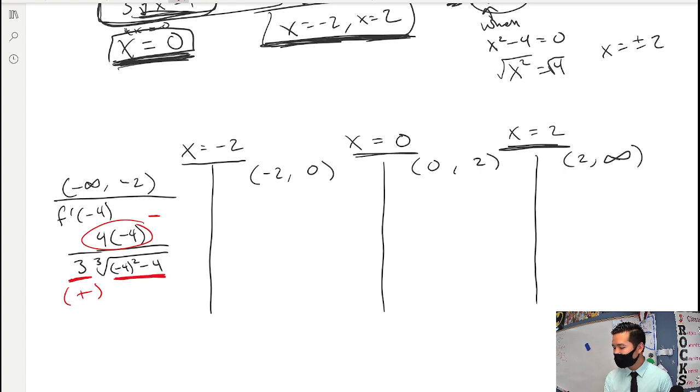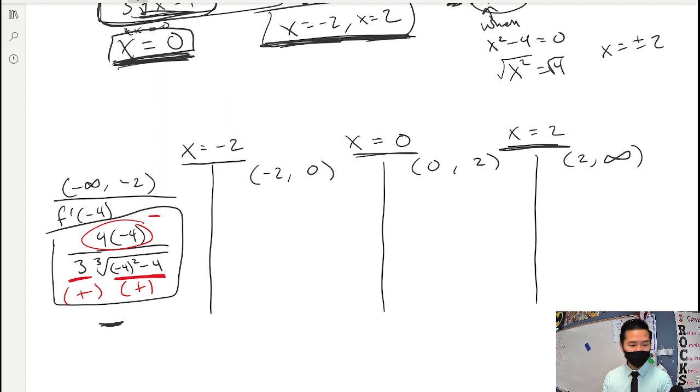Negative 4 squared is going to become positive 16, minus 4. Is that positive or negative? That's going to be a positive number as well. So I have a negative in the top and a positive in the bottom. What's my overall result? It's going to become negative, which means that the function is decreasing.